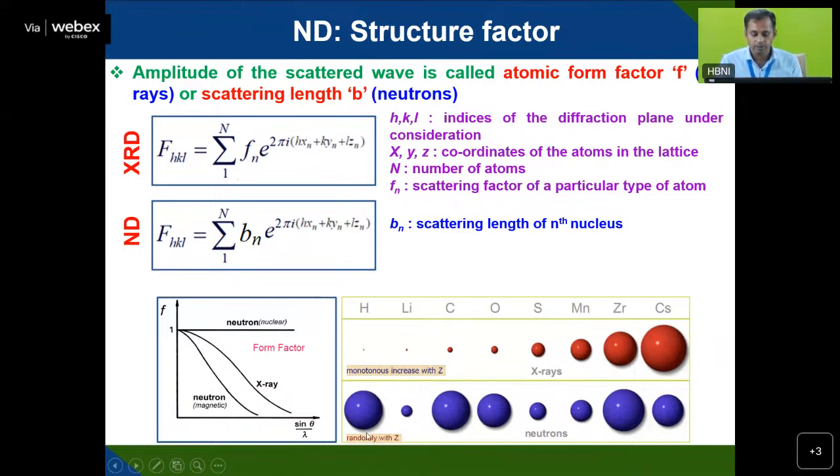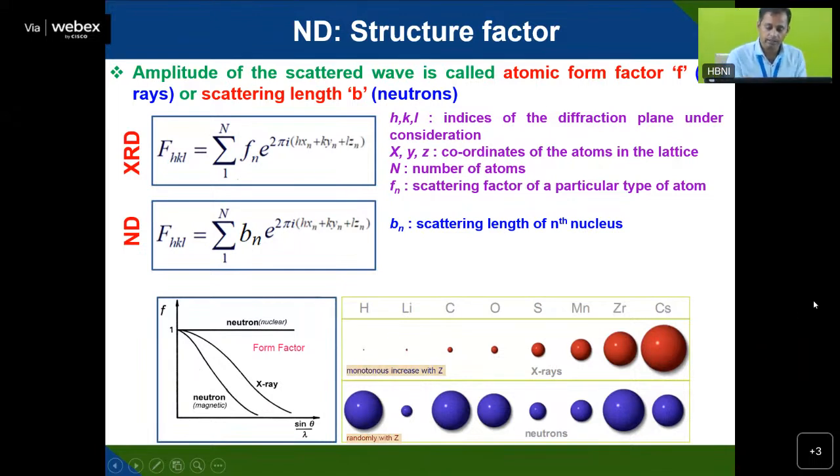With the Z value increasing from hydrogen to cesium, the X-ray form factor will vary. But in the case of neutron, the values are random, independent of Z value. You can see hydrogen is quite big, then lithium, and it varies randomly in the case of neutron. So the scattering factor is independent of Z.